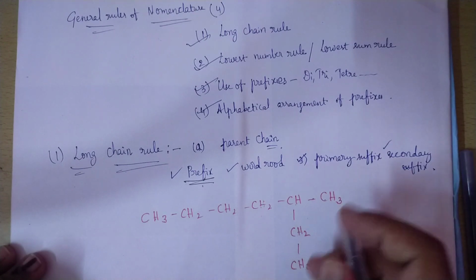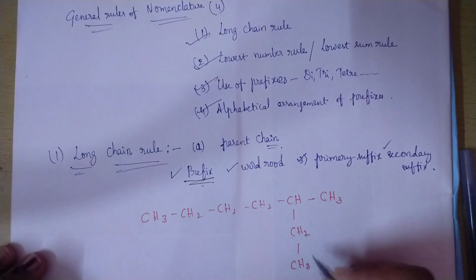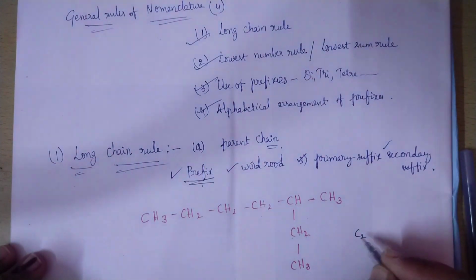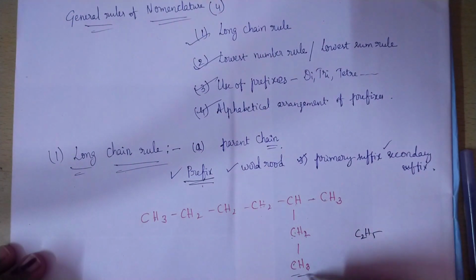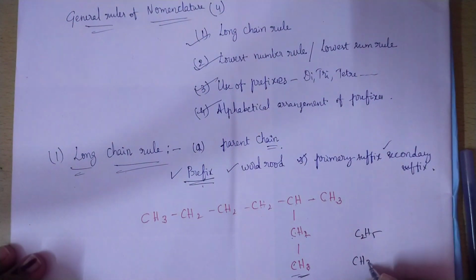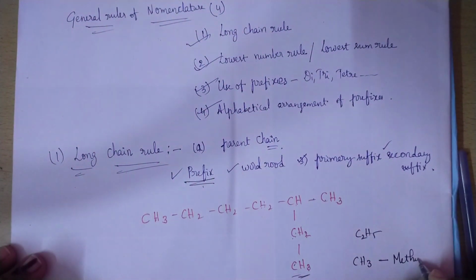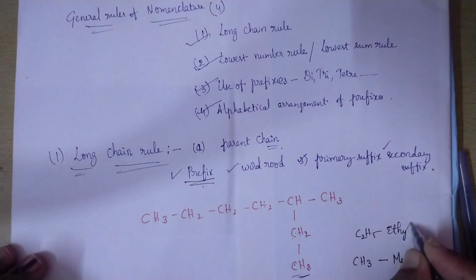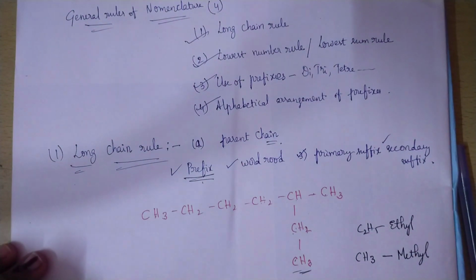Here the prefix is CH2 CH3, I mean C2. Either we can count it as C2H5 or we can take this CH3. If we give priority to the CH3, then we can write it as methyl. C2H5 means ethyl. So we can write either ethyl or methyl.